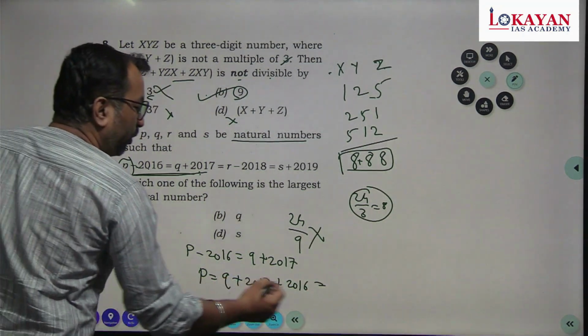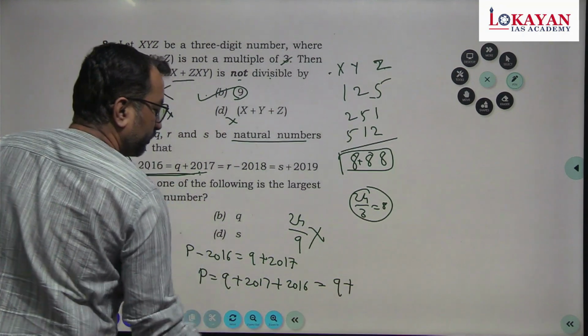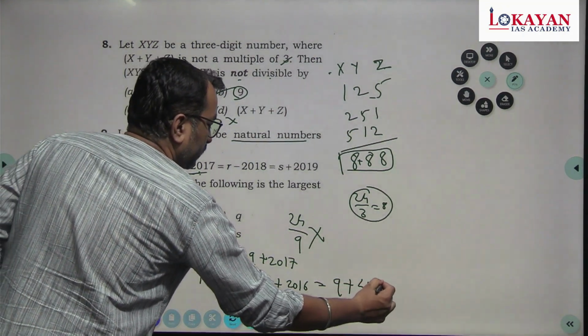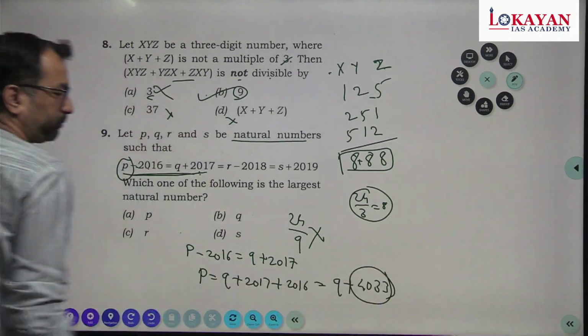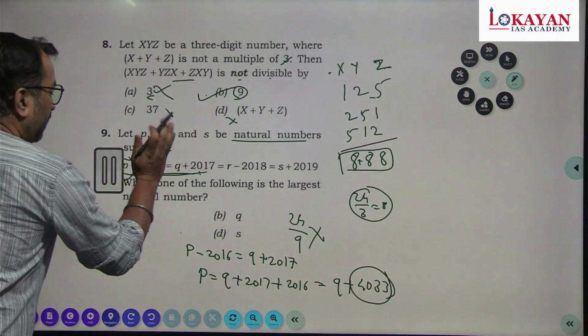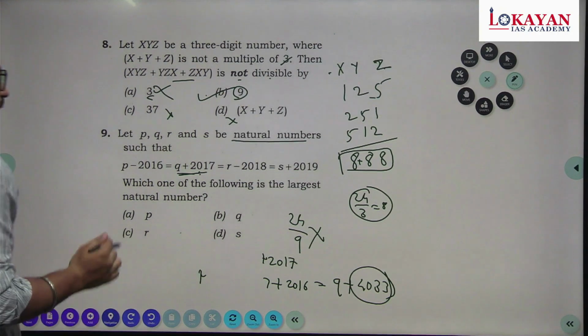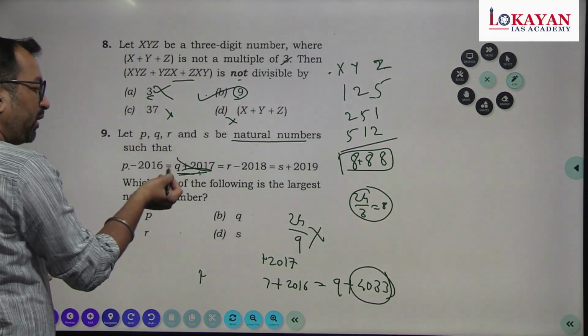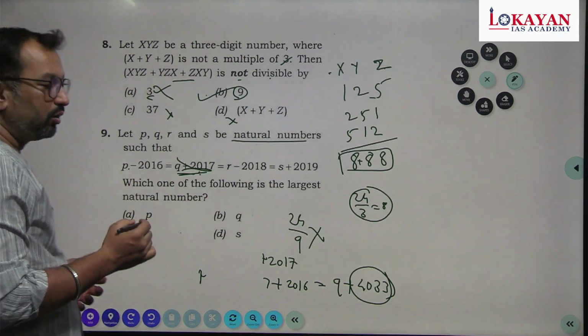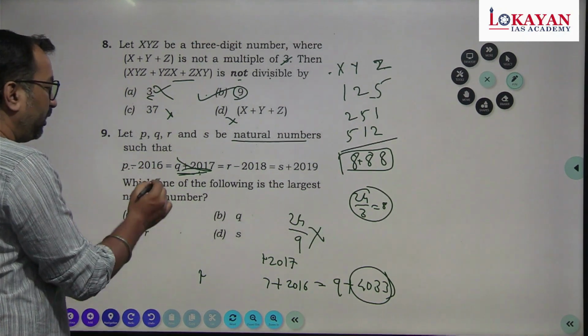So P is going to be Q plus 4033. So P is bigger than Q by 4033. So instead of doing this calculation also, we can tell that I'm subtracting from P and adding into Q, then they are becoming equal, right? So P is bigger than Q.